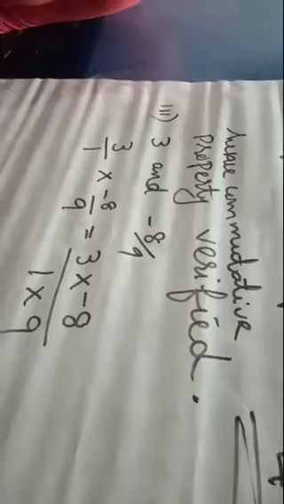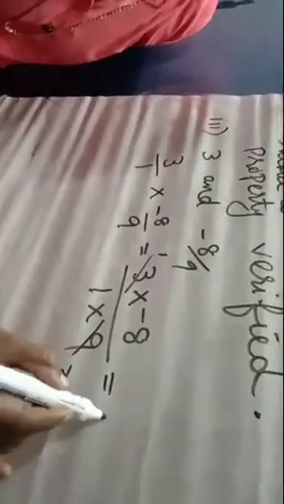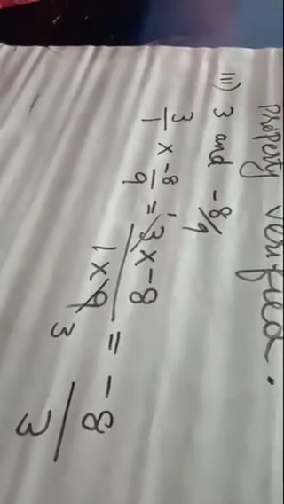Any cancellation? Yes, 3 and 9. 1 3s are 3, 3 3s are 9. So 1 into minus 8 is minus 8 by 3.